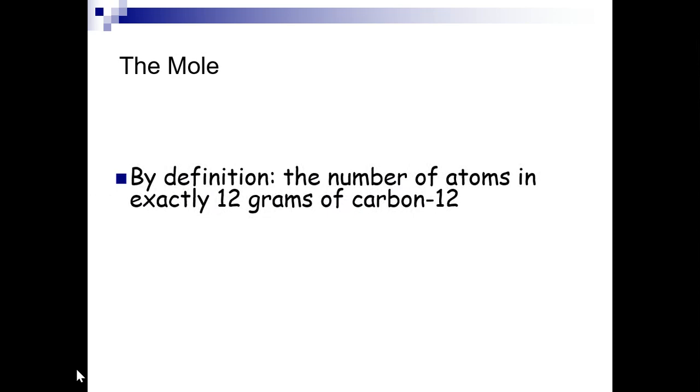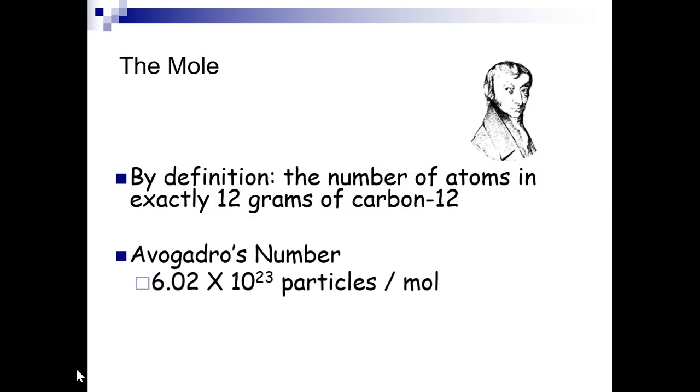So the mole. By definition, a mole is exactly the number of atoms that if I had pure carbon-12 and I measured out exactly 12 grams of carbon-12, I would have a mole of particles. So this is a very standardized unit.